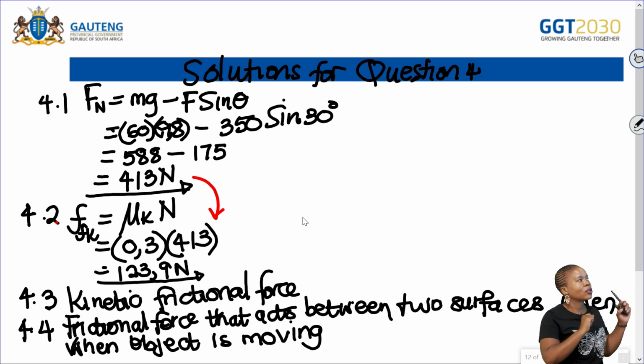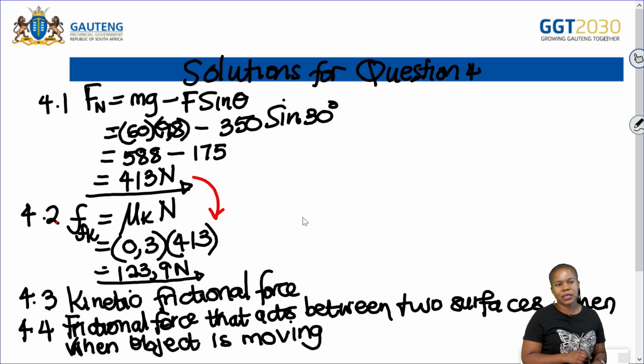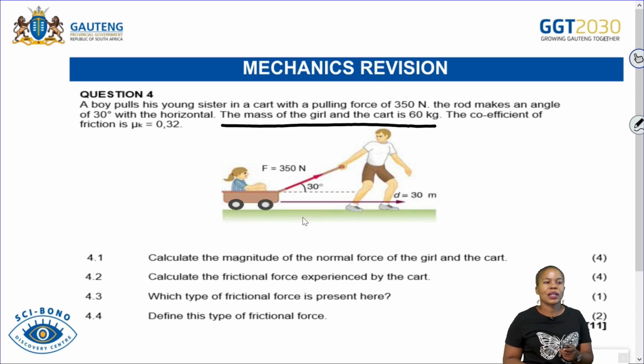Subtracting the two, we have a normal force with magnitude of 413 newtons. Second question, 4.3, calculate the frictional force experienced by the cart.